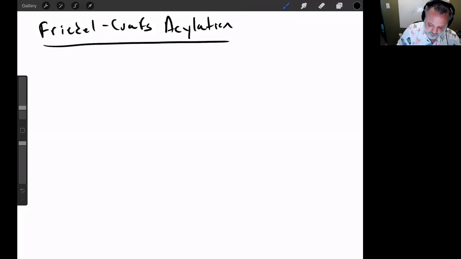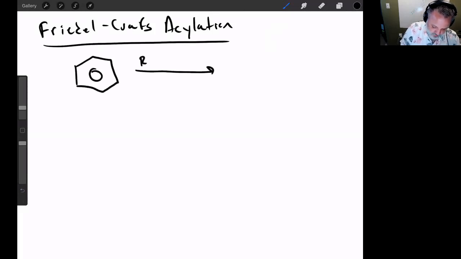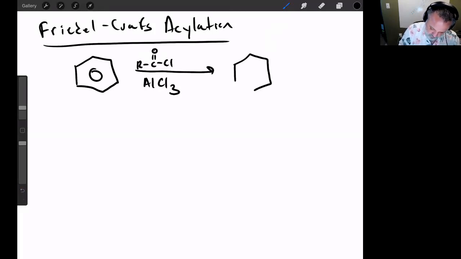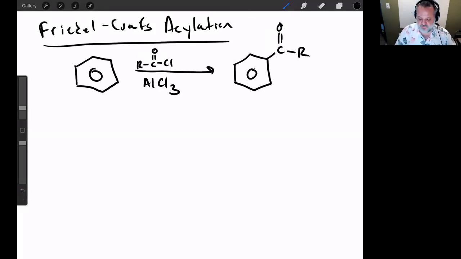And an acyl group can be installed on a benzene ring in a very similar way, with an acyl chloride in the presence of AlCl3. And in this fashion. This is an acyl group.